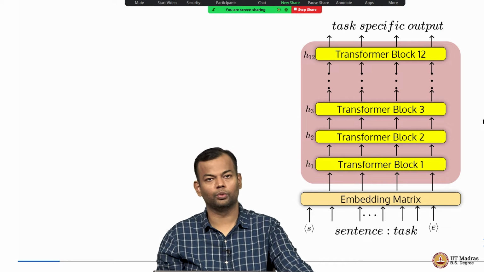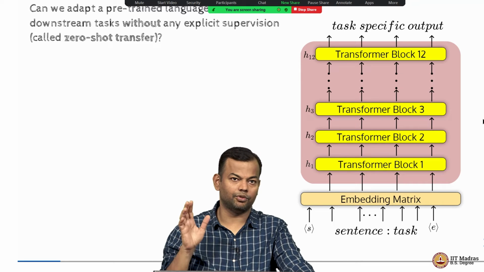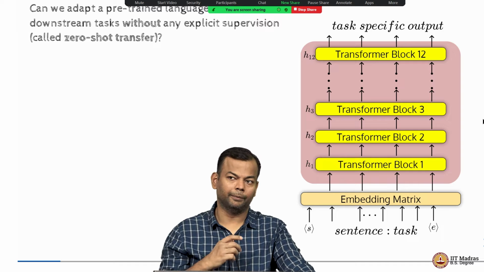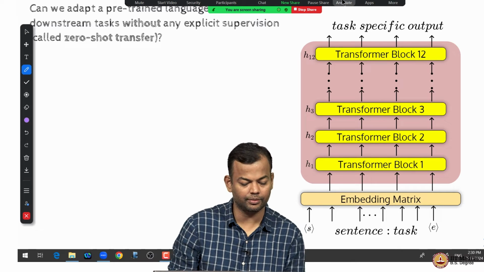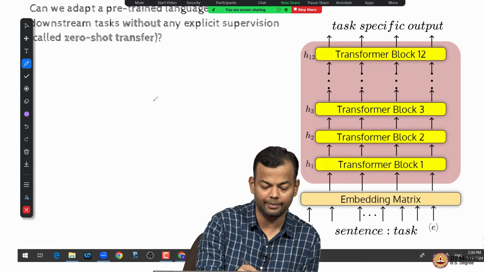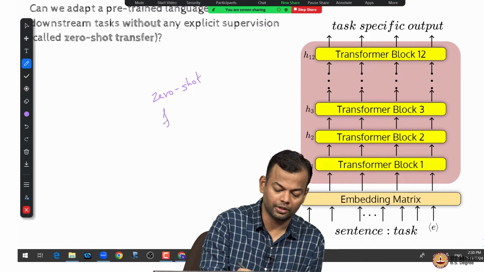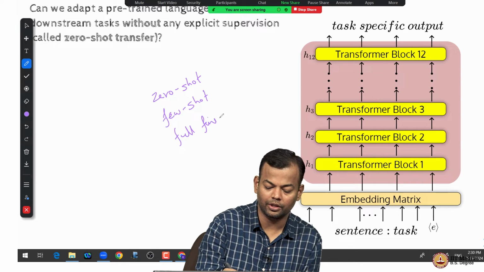GPT-2 was trying to explore, right? And the idea was that without any explicit supervision, which is known as zero-shot transfer, right? So you'll hear these terms often in the context of LLMs. There is zero-shot, there is few-shot, and there is, I'll just call it full fine-tuning, right?